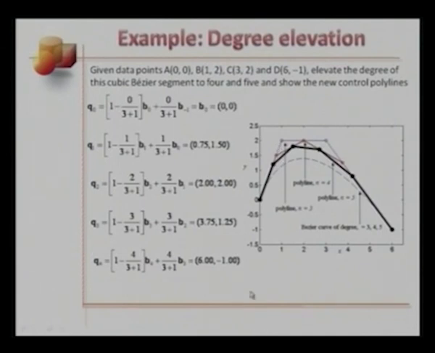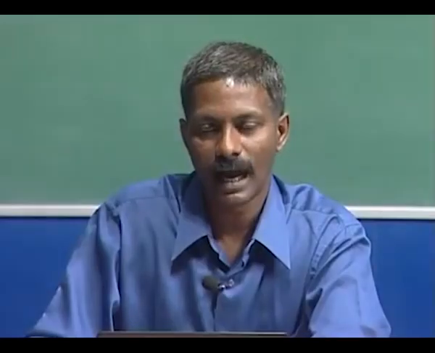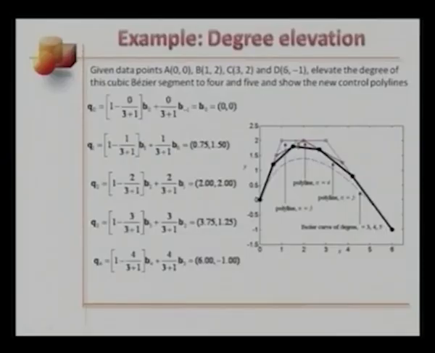Another point, if I keep on raising the degree of this Bezier curve, I can do it infinitely many times. As I keep on raising the degree of this Bezier segment, notice how the new control polylines become closer and closer to this Bezier curve. The blue one is a little far.